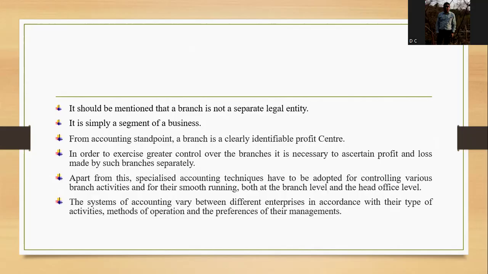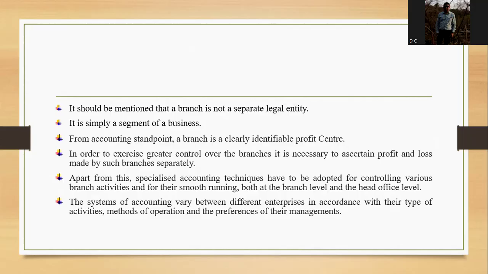Apart from this, specialized accounting techniques have to be adopted for controlling various branch activities and for their smooth running, both at the branch level and at the head office level. There are several specialized accounting techniques that have to be adopted by the head office for its branches, so the branch can operate very smoothly, and activities can be performed at the branch level and the head office level also.